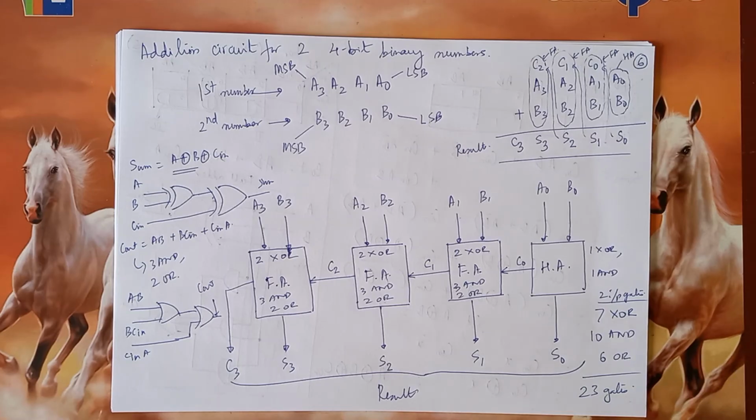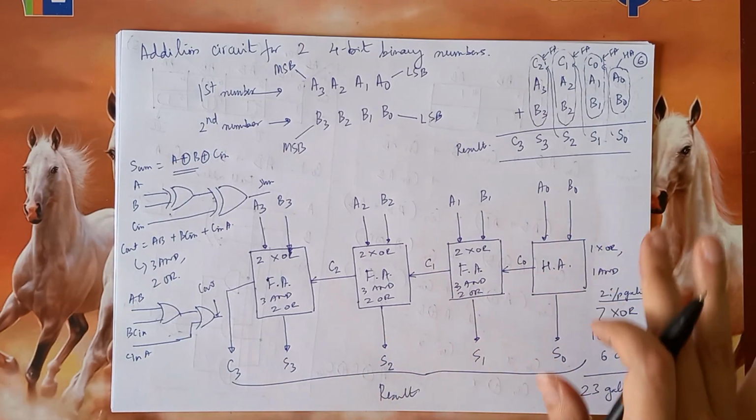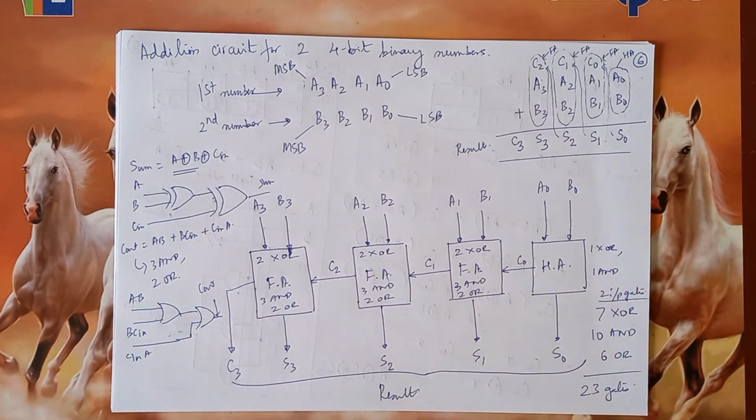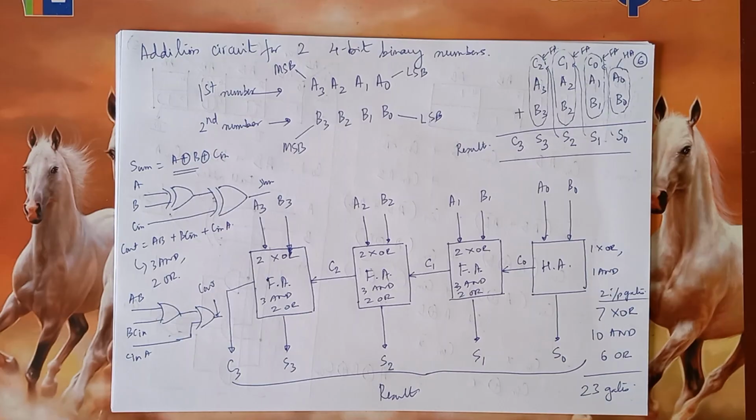Let us say we have reduced the number of gates from 30 to 23. But still, for us, this seems very mind-boggling, because this seems like a lot. If I now ask you to construct a logic diagram, you will sit and draw 23 gates, and that is just going to be a very tedious task.